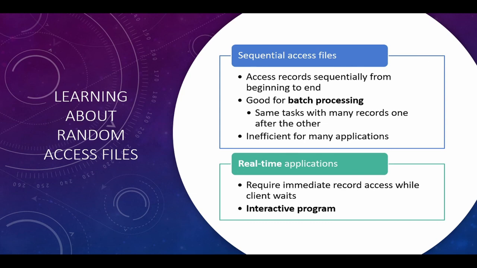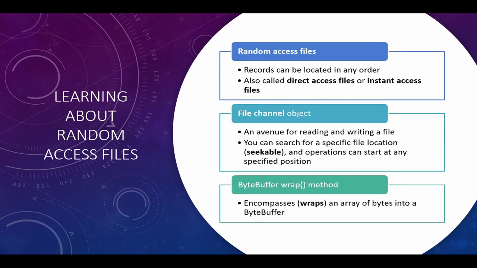Real-time applications require immediate record access while your clients are waiting. Sometimes sequential files could take longer based on the length of your file. A real-time application is an interactive program. It may be reading and writing as your users are doing something.